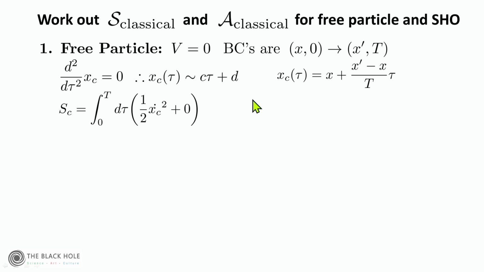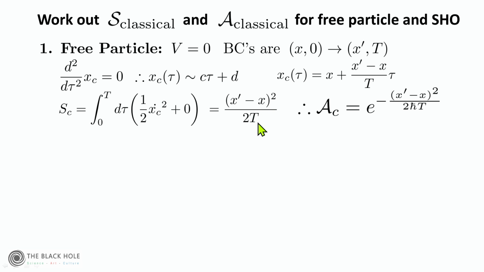So I can calculate the action for a free particle. It's the kinetic energy plus the potential energy. There's no potential. Just stick this in over here, do the integral, and it's x prime minus x squared over 2t.